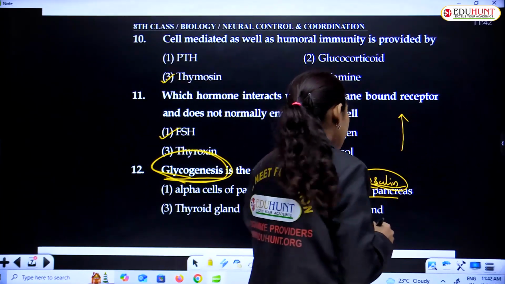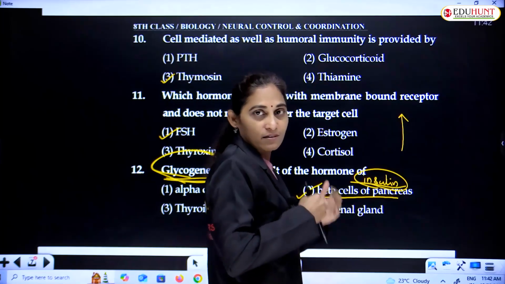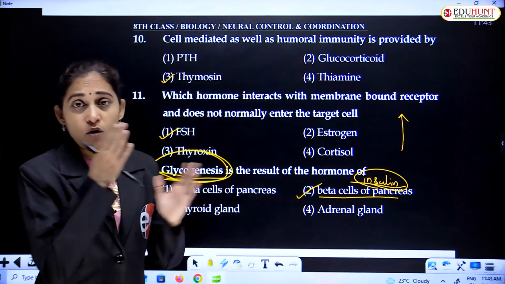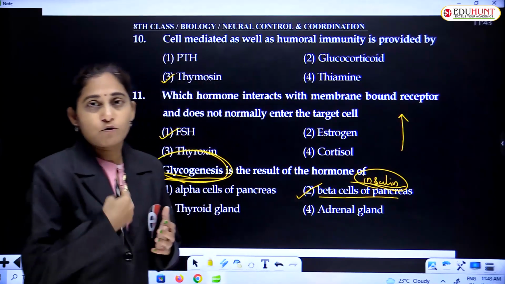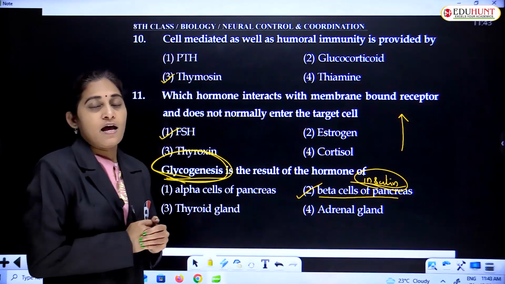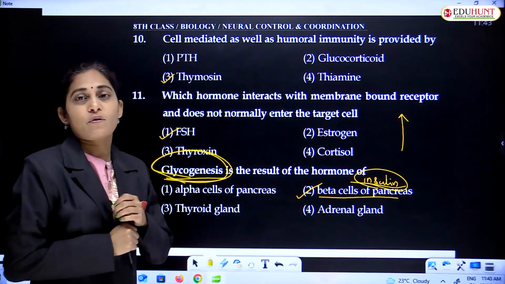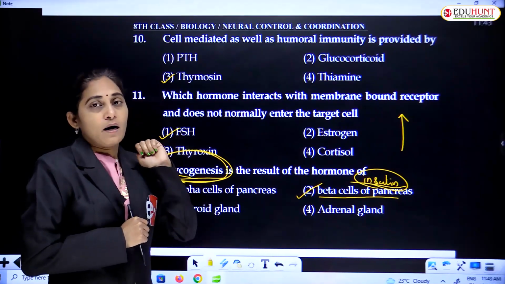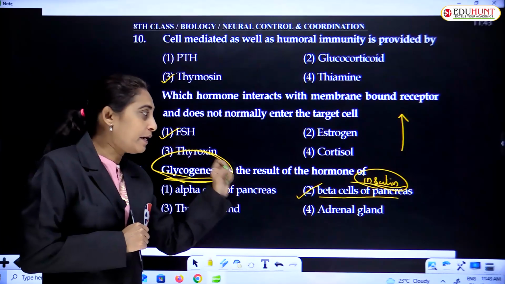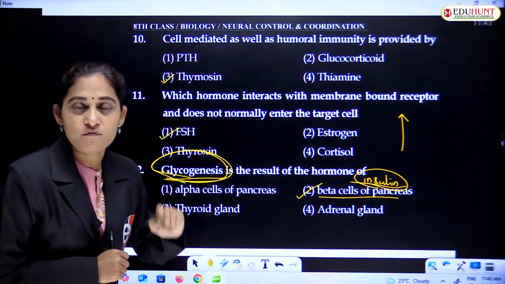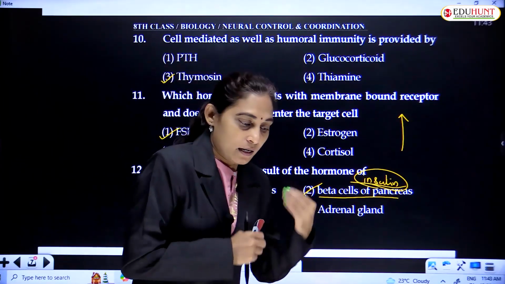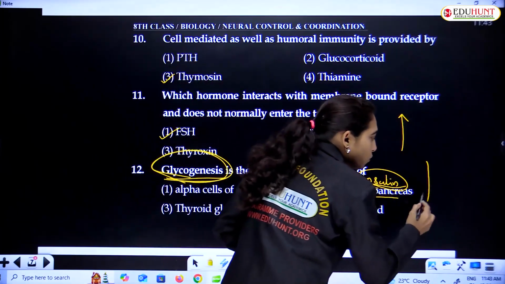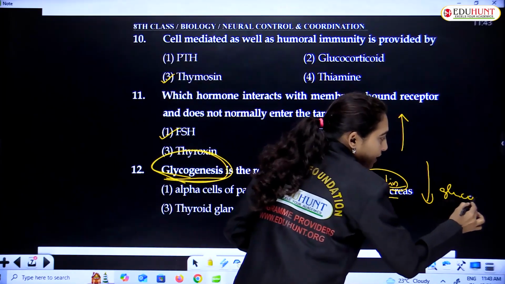But the beta cells, while secreting insulin, cause the conversion of glucose to glycogen, and this also leads to the utilization of the cellular glucose. Ultimately, it causes a reduction in the glucose level.